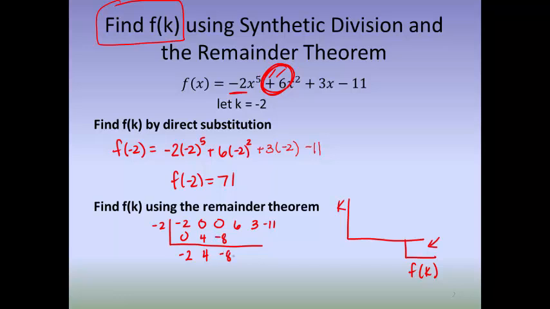We add that one. Now we multiply again, and I get 22. -2 times 22 is -44, so that's -41. -41 times -2 is +82, and when I add -11 and +82, I get 71.